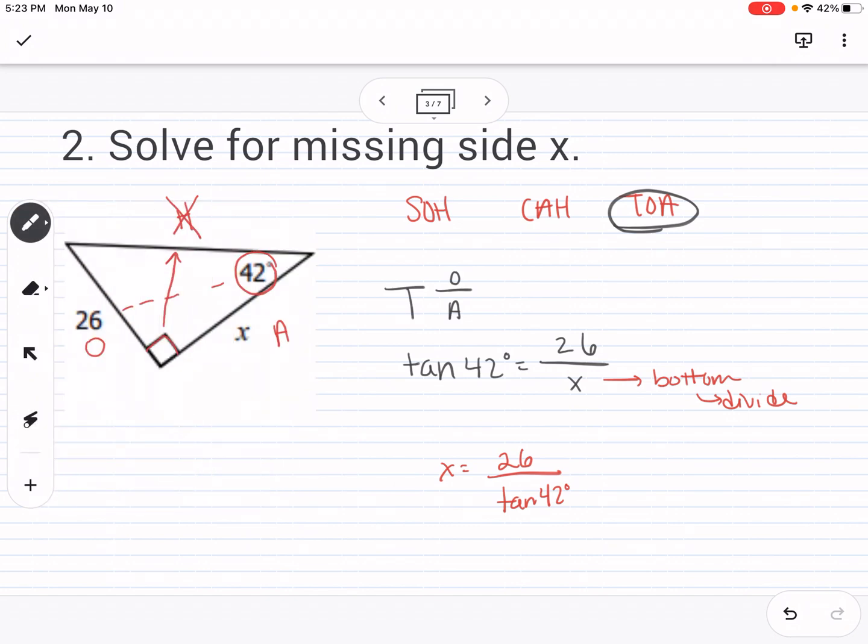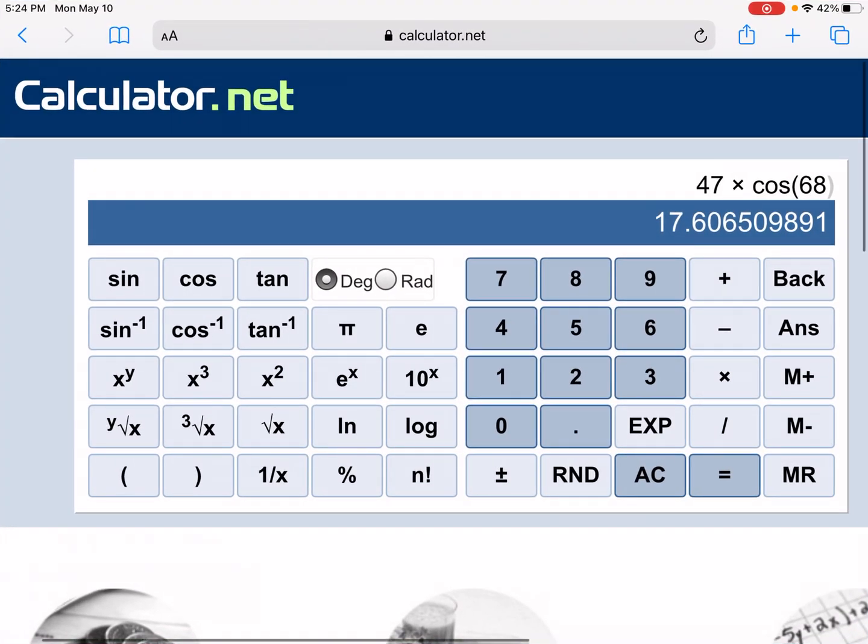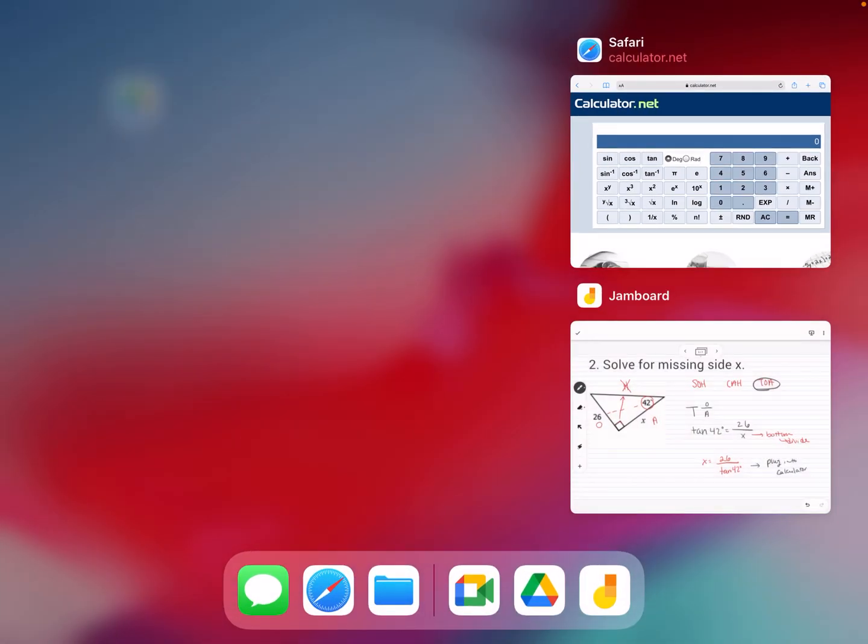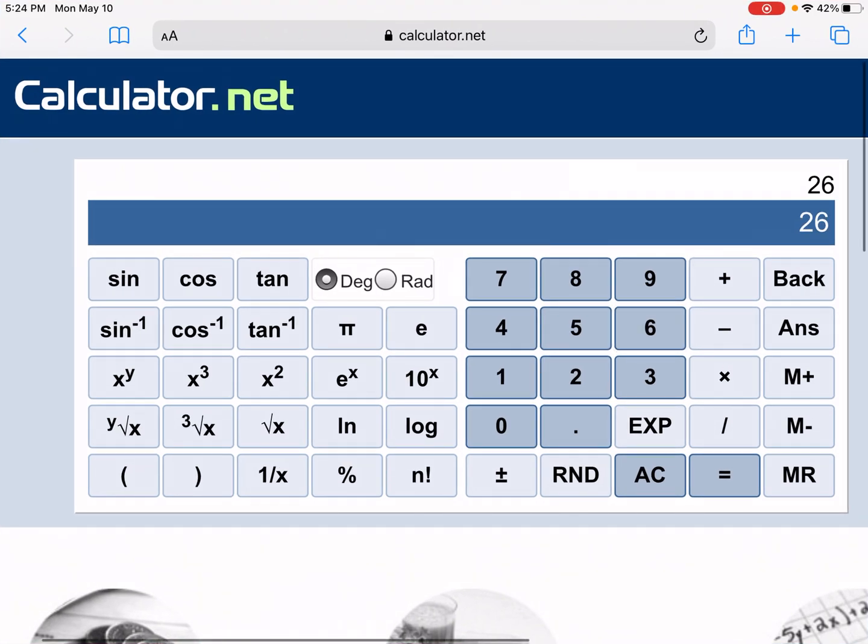Now we can plug into our calculator. Remember, when you go to plug in something new, you want to clear it by pressing the AC button. So I cleared it, and now I'm going to do 26 divided by tan 42.